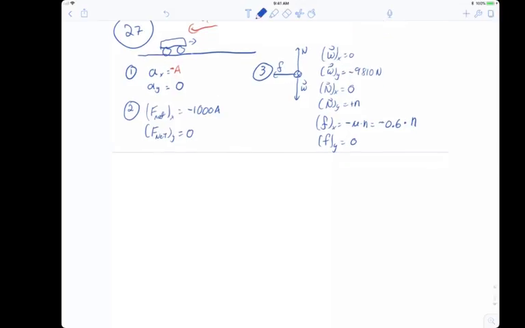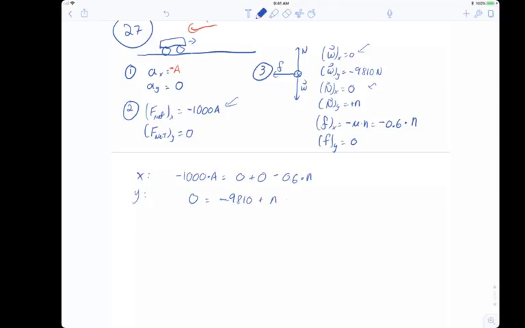Now I put it all together. So the x components: 1,000 times minus A is equal to, now I add up these x terms, 0 plus 0 minus 0.6 times n. And then the y direction, 0 is equal to minus 9810 plus little n plus 0.